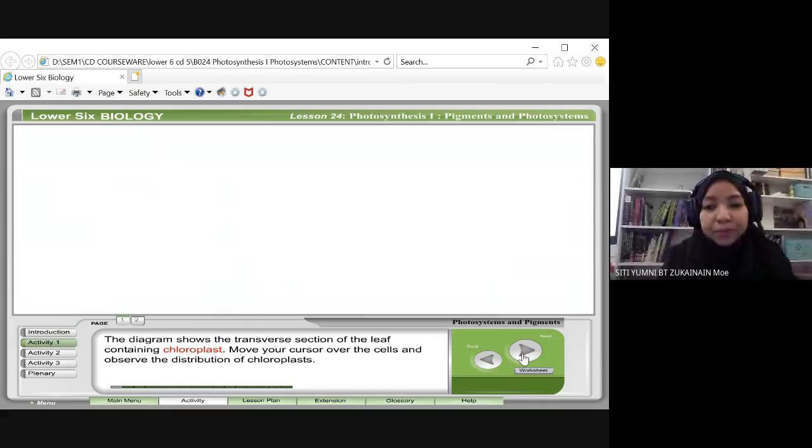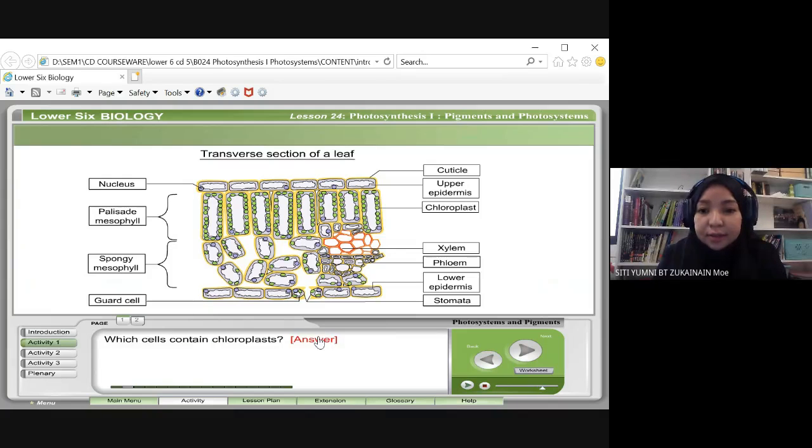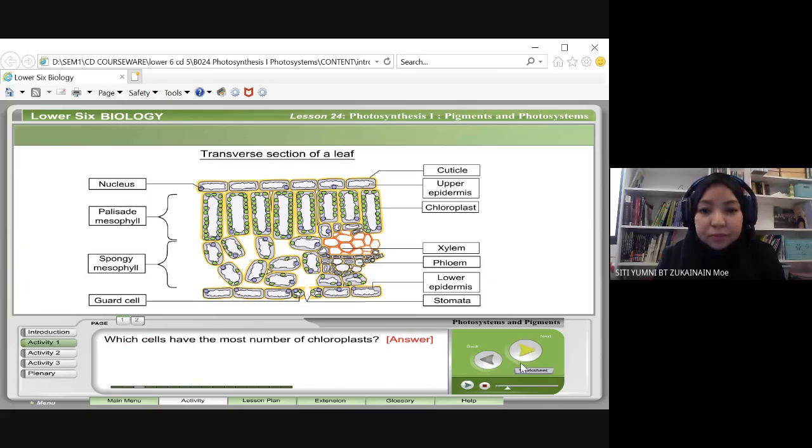Now this diagram shows the transverse section of the leaf containing chloroplast. I move my cursor to the cells, and here is the distribution of chloroplast at the palisade mesophyll, the distribution of chloroplast at the spongy mesophyll, and also do not forget the guard cells. The cells that contain chloroplasts are the palisade mesophyll, spongy mesophyll, and guard cells.